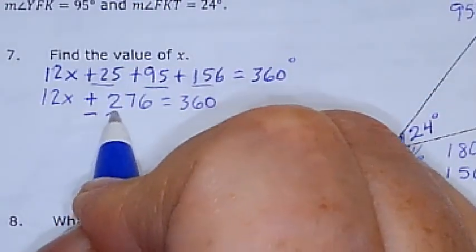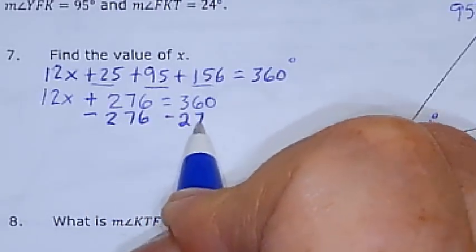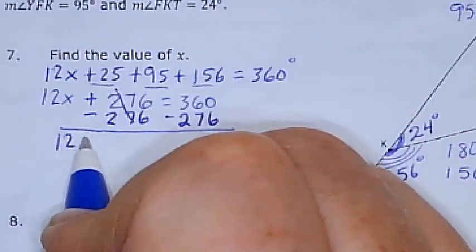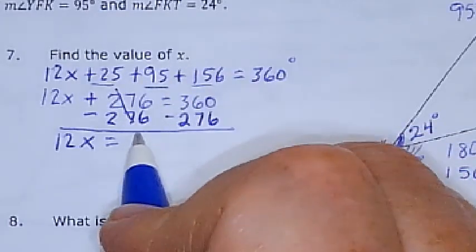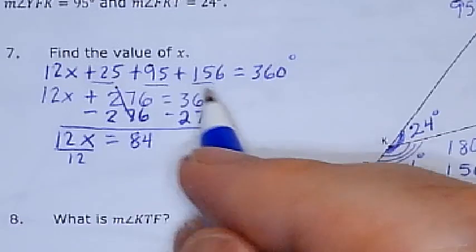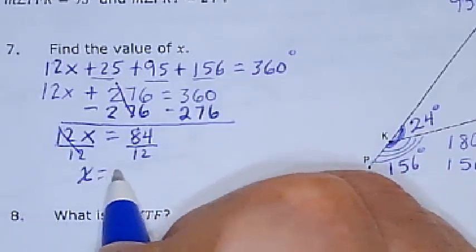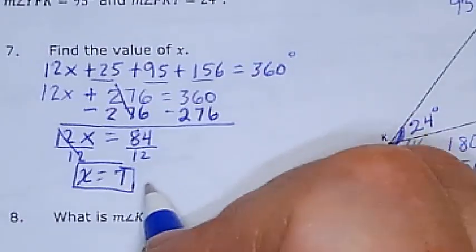What's that going to give you? Sum is 84. Then we could divide by 12. Divide by 12. We get our value for x. And x equals 7. That becomes an actual what? Plug-in value, input value. Thank you.